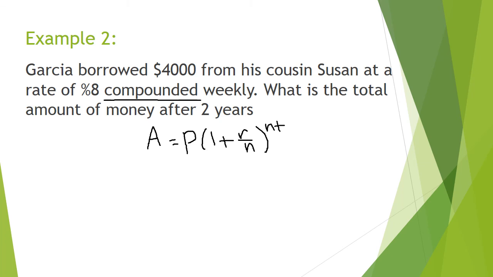Now, I need the final amount after 2 years. That means A equals the principal, which is $4,000, and then R, which is 8%, is going to be 0.08. The money is compounded weekly, and we have 52 weeks in 1 year.